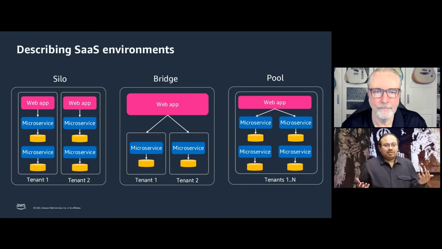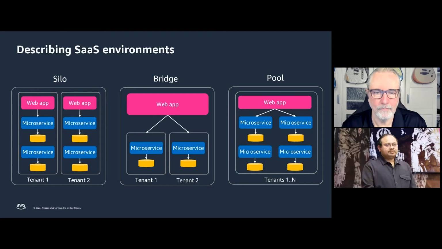So you get the best of both worlds. And this is what we see more realistically happening: based on different business requirements or business drivers, customers are choosing purpose-built architectures that solve a particular business challenge. So we can use this terminology to describe various SaaS environments that we see customers building.